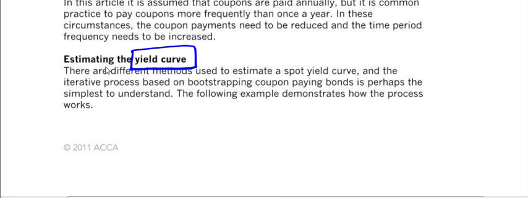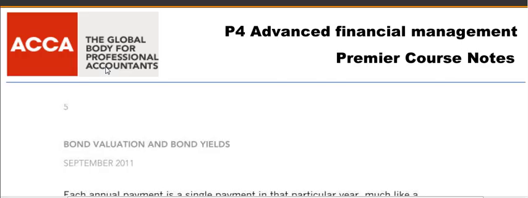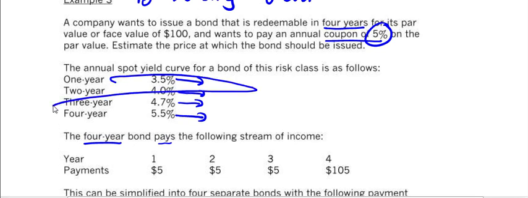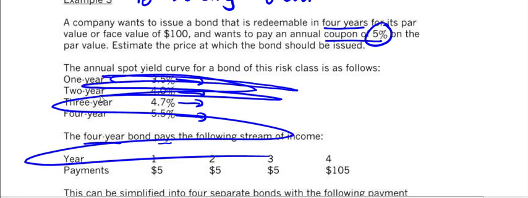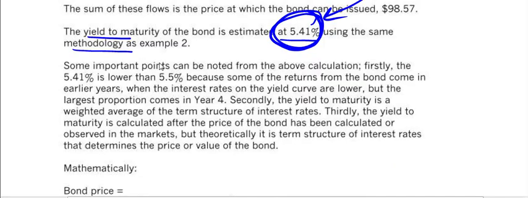In example 3, we are told the yield curve in each year is different. How did you get that yield curve? In practice, how it's done?